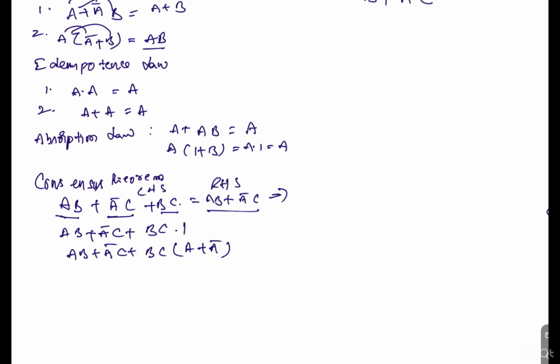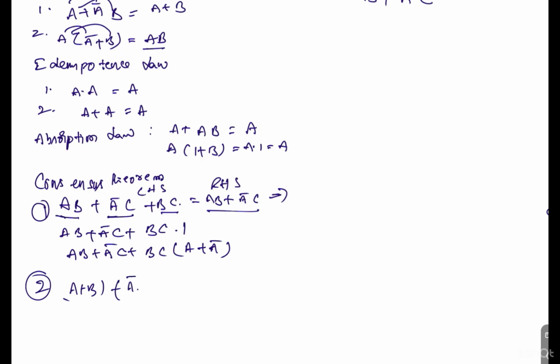And consensus theorem 2 is the duality of this one. So this AB can be written as A plus B, and plus will become dot.